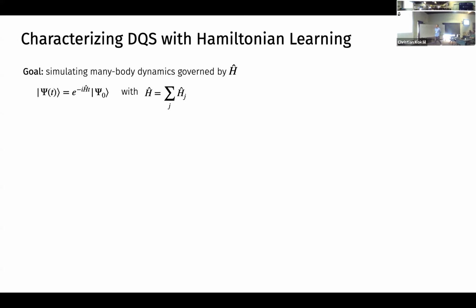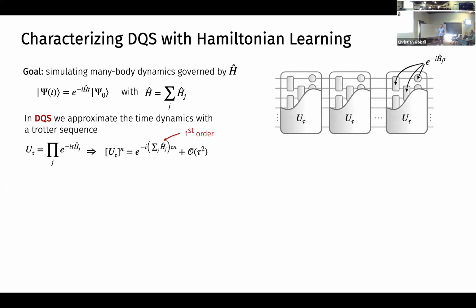One thing that we did, which maybe connects a little bit with what Francisco was talking about, is that you can characterize digital quantum simulation with Hamiltonian learning. This is something we had a paper about in the past. In digital quantum simulation, you break up the Hamiltonian that you want to simulate into individual pieces, called the Trotter block, and then you approximate your time evolution by exponentials of this Trotter block.